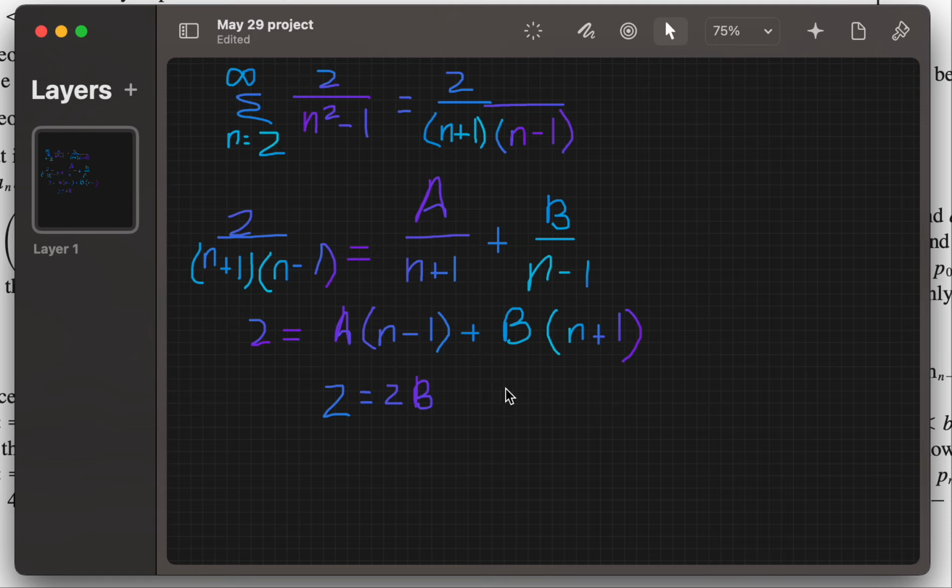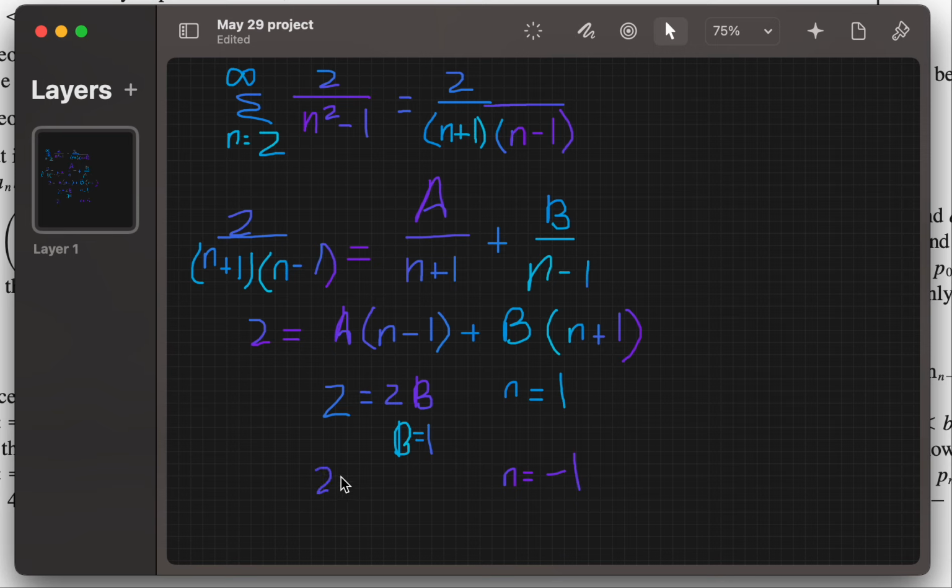So b is equal to 1 now. When n is equal to negative 1, n plus 1 would be equal to 0, so that's 0b. And n minus 1 would be equal to negative 2, so that's negative 2a.